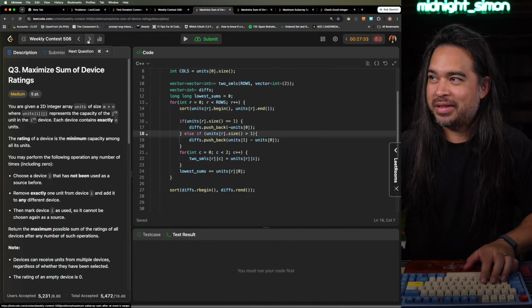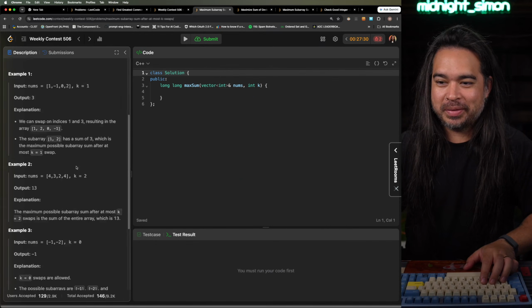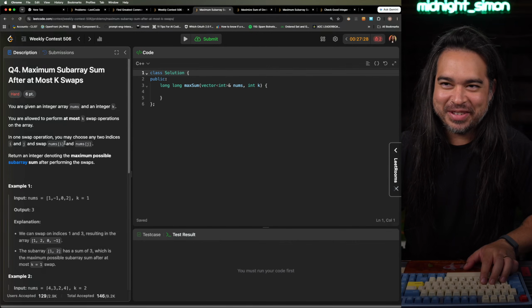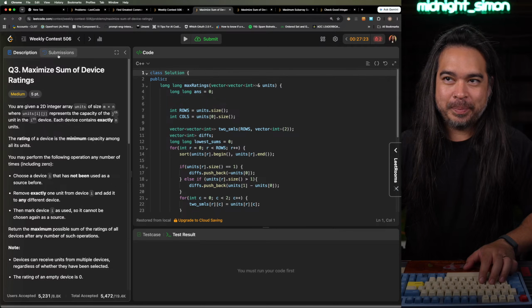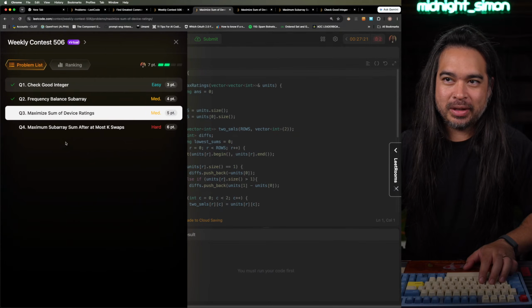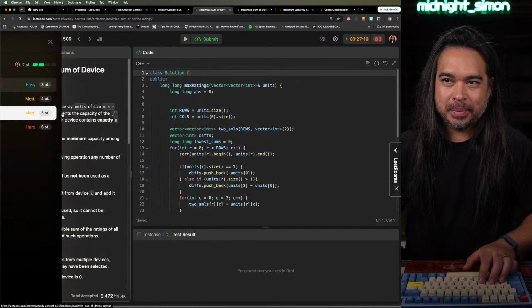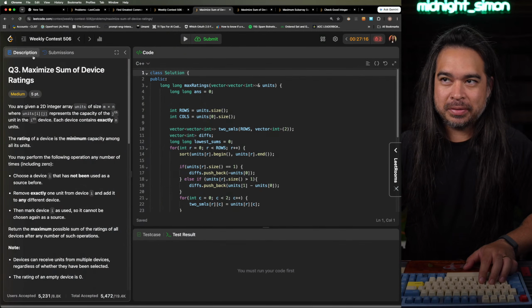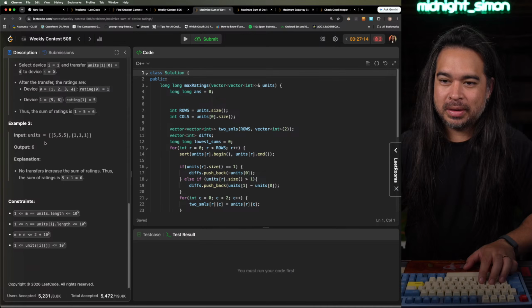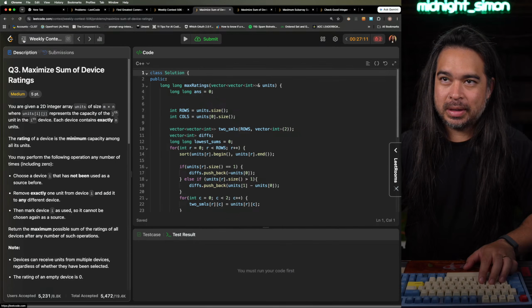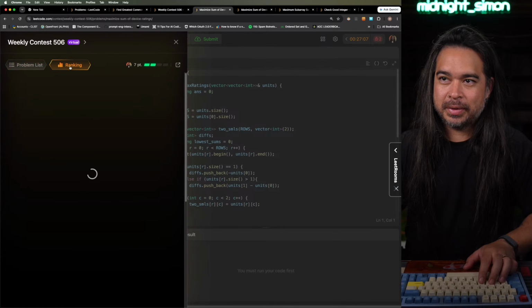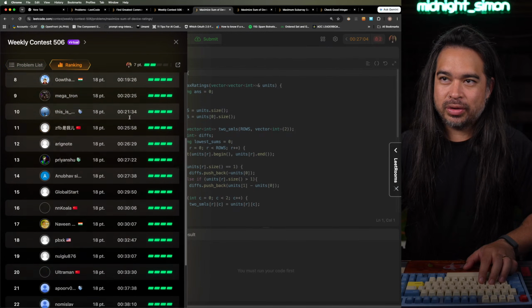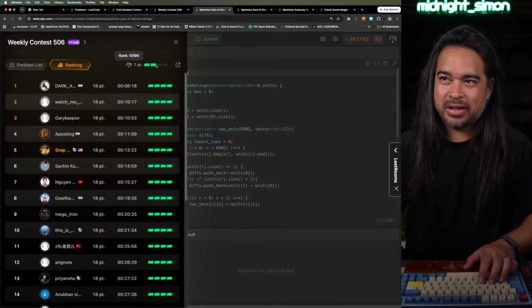I give up, man. I give up. I'm gonna peek at Q4. Dang, 129 people. I'm not even gonna read it. Let me look at what people did on this problem, man. That was tough. How do I see? I have to wait till it's over. I would have gotten crushed. Dang, look at that. 7,000.